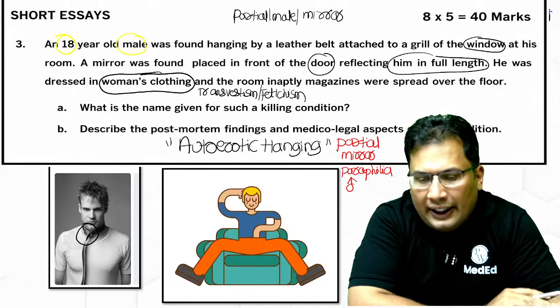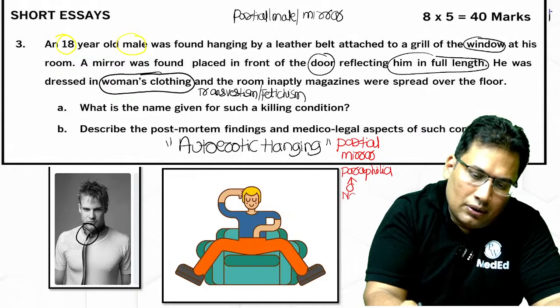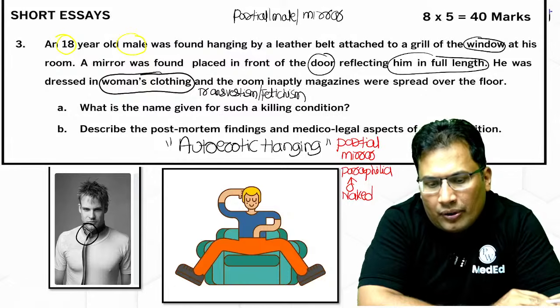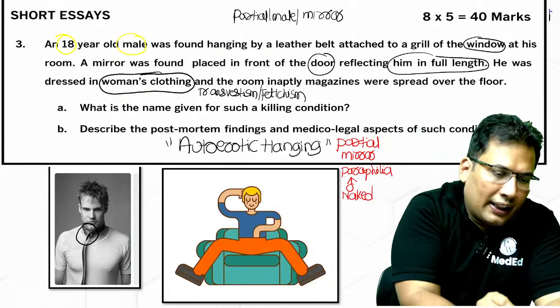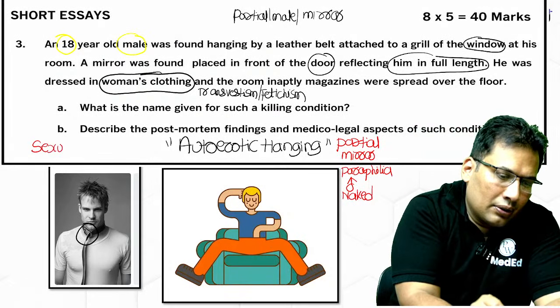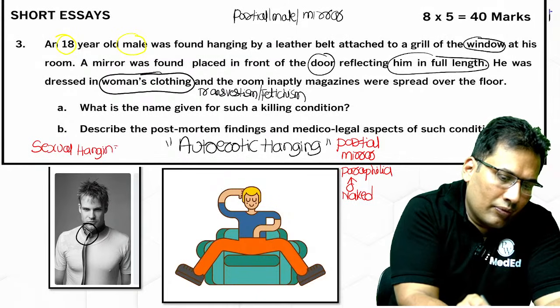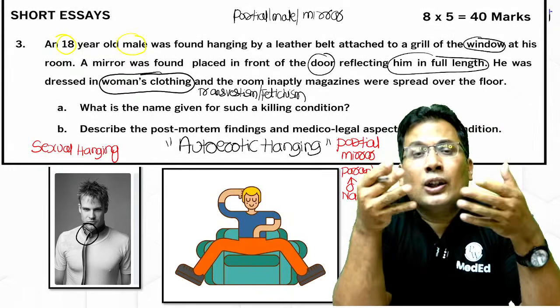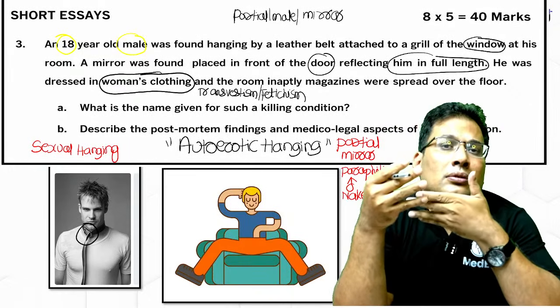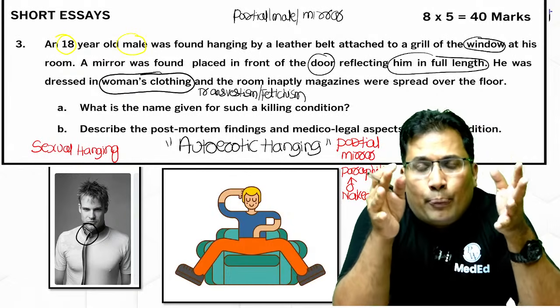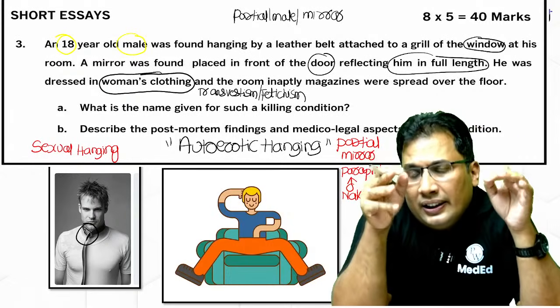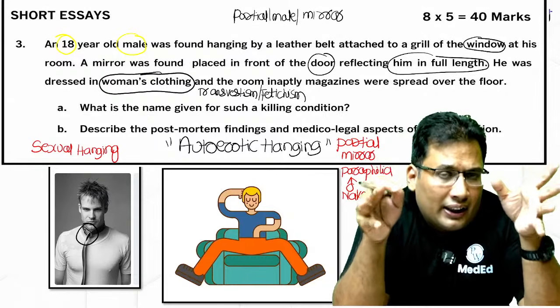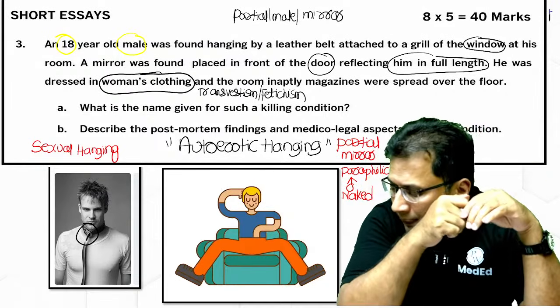Naked, completely naked or partially naked, so these go in favor of sexual hanging. Rest all same. And one more very important feature is protective clothing over the neck. Protective clothing present at the crime scene is a feature of autoerotic hanging or sexual hanging.